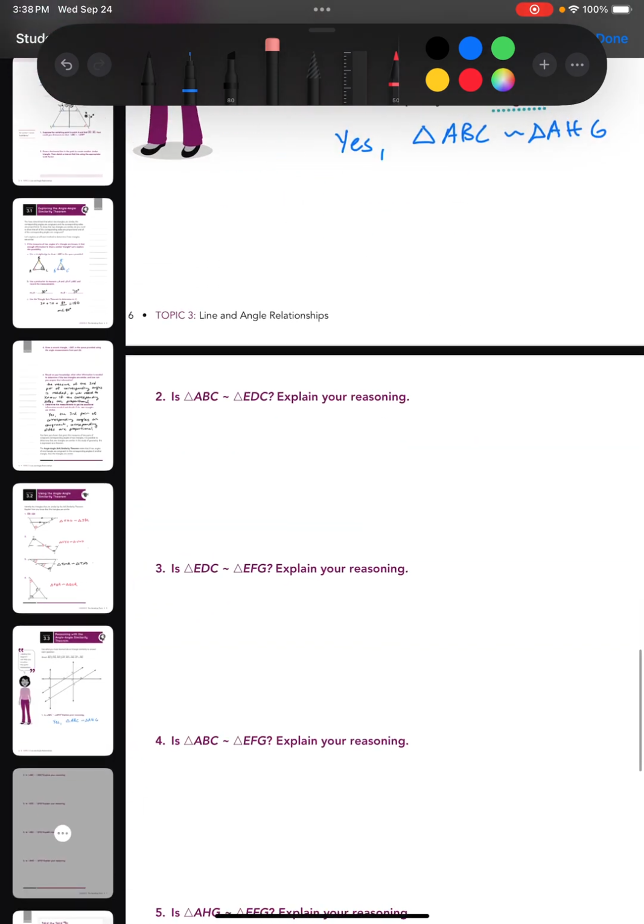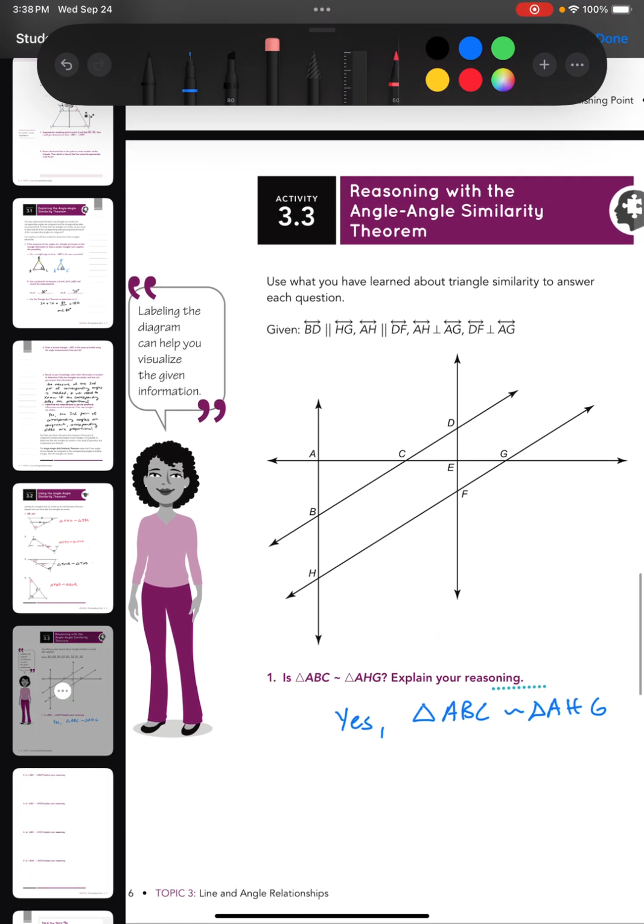Want to know about triangle ABC? Is it similar to triangle EDC? So again, I'm going to go trace those. All right, so looking at triangle ABC and CDE, we know for sure, again, we got vertical angles here that have to be congruent to each other.